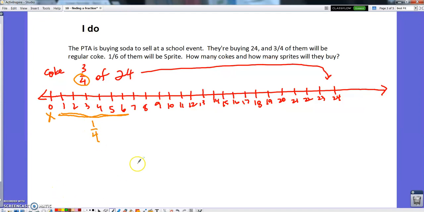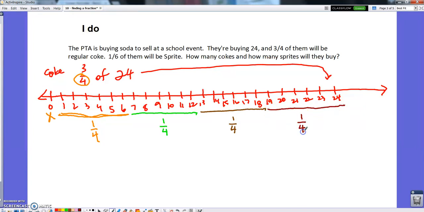There's 1/4 of them. And then 1, 2, 3, 4, 5, 6. That's another 4th. And then 1, 2, 3, 4, 5, 6. That's another 4th. And then 1, 2, 3, 4, 5, 6, another 4th.